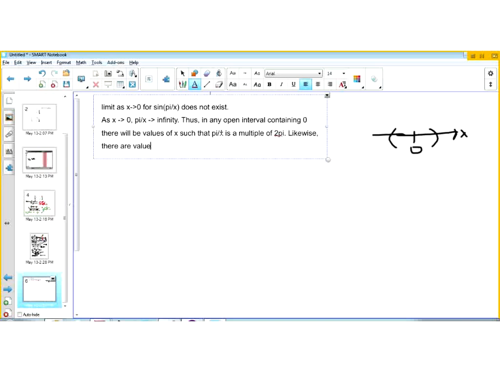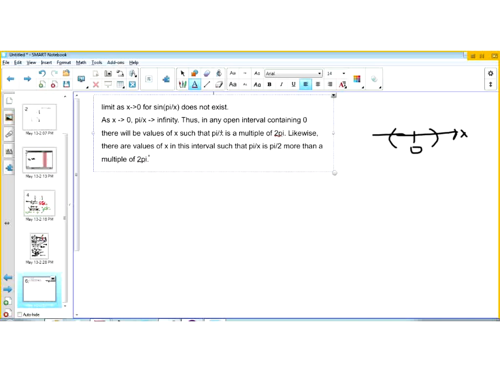So likewise, there are values of x in this interval such that pi over x is pi over 2 more than a multiple of 2 pi.